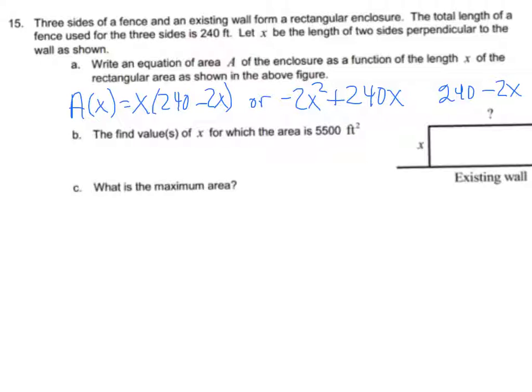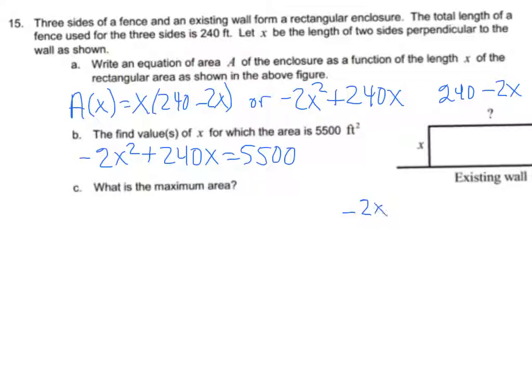A nice quadratic. We want to find the values for which negative 2x squared plus 240x equals 5,500. And it was summer and there wasn't much of a restriction, so I don't know if you actually tried to solve this on your calculator. You could do so. Or you could set this up as a quadratic. I'm going to do it right over here.